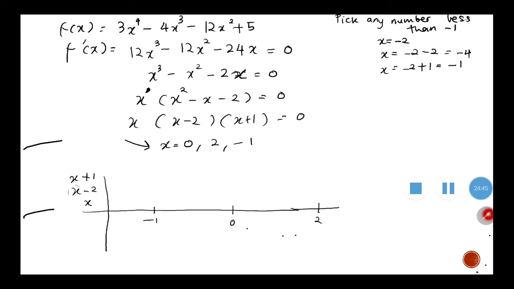So the f prime x for this part here: this one is negative, this one is negative, and this one is also negative. Negative, negative, and negative, you get positive, and positive multiplied with negative, you get negative. So for this part here, it is of negative value.